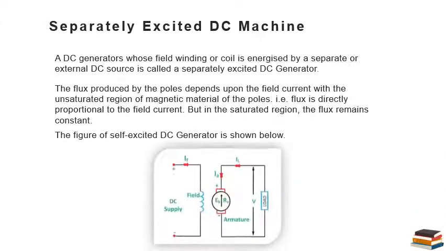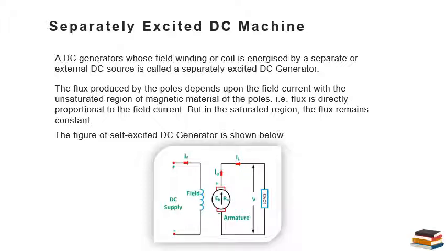The figure of the separately excited DC generator is shown below. In this diagram, we can see the field winding and the armature winding. A DC machine has two windings, as discussed in the previous class. One is called the field winding, the other is called the armature winding. The field winding is placed on the stator and the armature winding is placed on the rotor.